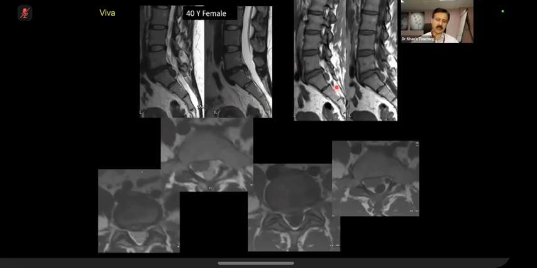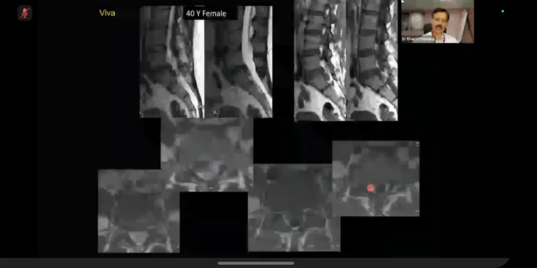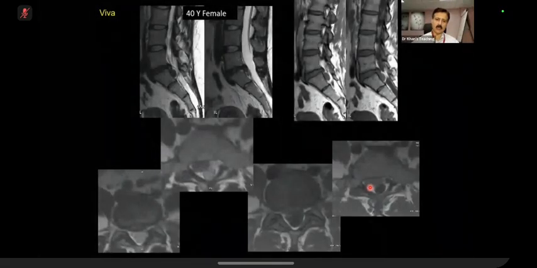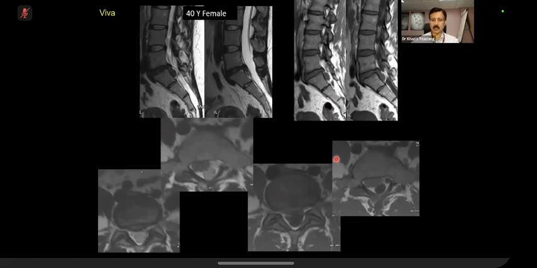And here you see that there is a sequestrated disc fragment. It has gone into the level of lateral recess here, and it is compressing the right-sided descending S1 nerve root. So all of these concepts we will cover later on, but I just wanted to highlight that a sequestrated disc fragment is an exam case. It has come in the exam.